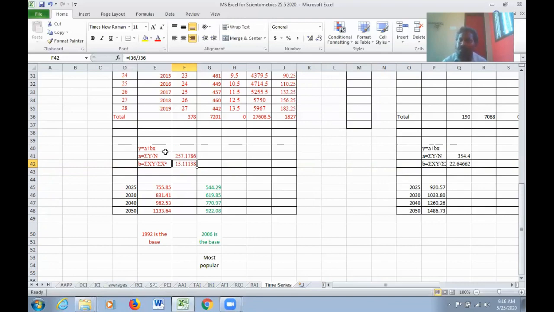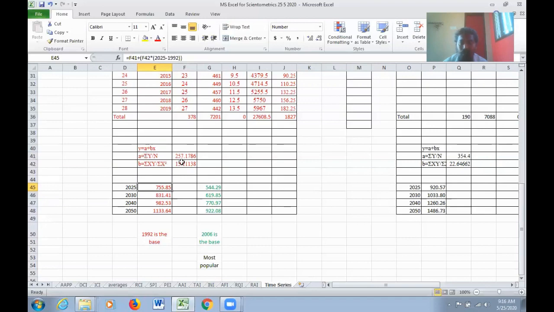Here I have seen two different calculations in many research papers. Very few research papers or theses have this kind of calculation. For example, you want to calculate how much would be the output of Vertigo research in 2025. How to calculate? A plus BX.